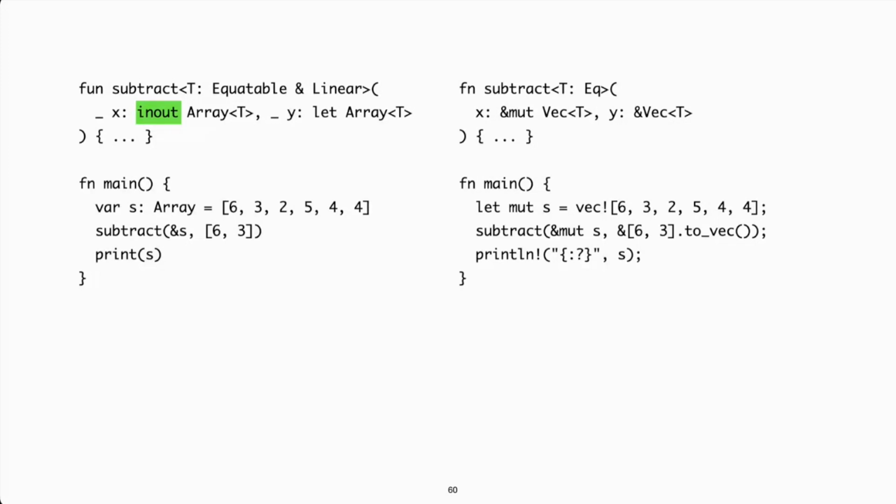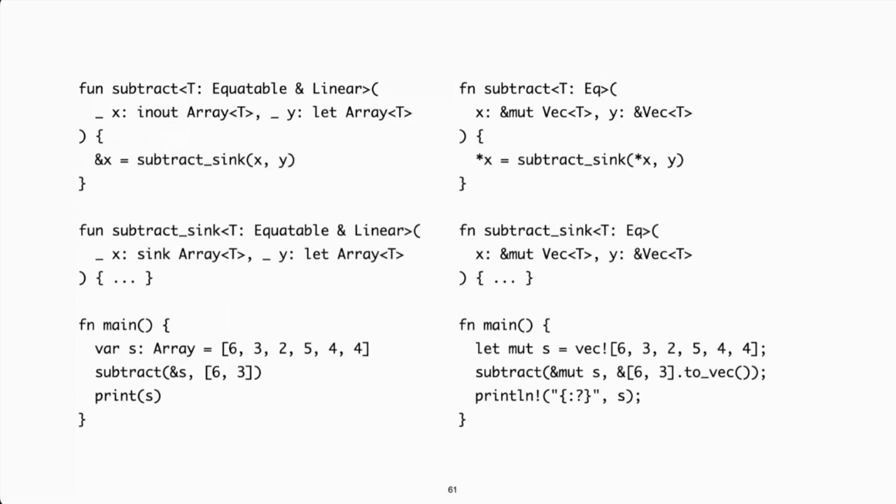So whatever it wants also means consuming it, like sinking it into another function. That means that if we have both versions, the subtract version that operates by reference, and the subtract version that operates with pass-by-value semantics, well, in Val we can implement one in terms of the other because there is an equivalence between these two forms.